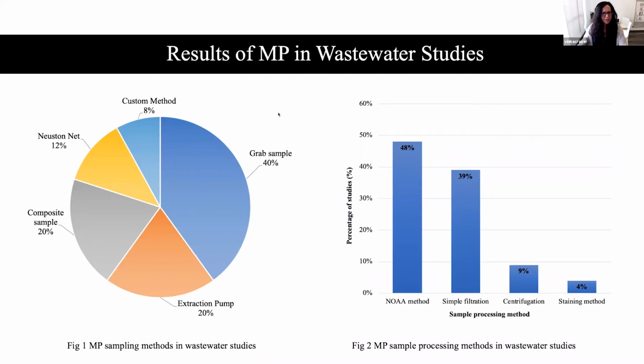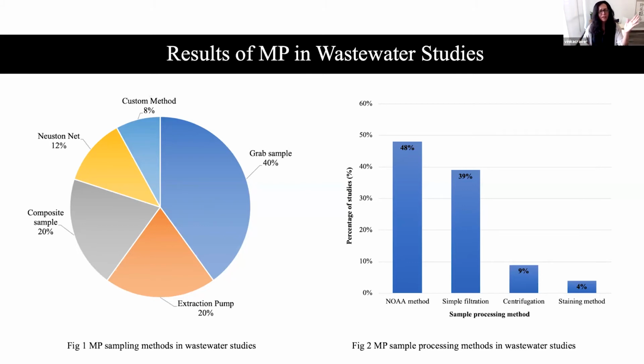A lot of discrepancy in terms of how the samples from these wastewater treatment plants were collected. In other words, there was no comprehensive guideline about where and how you are going to take the samples from these plants.